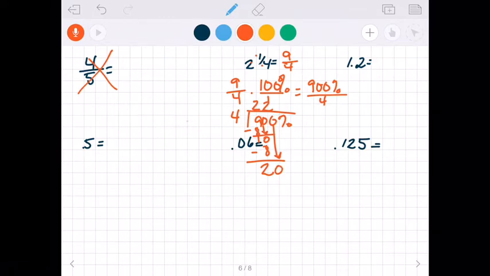How many times does 4 go into 20? 5 times. 5 times 4 is 20. Subtract. No remainder. So we find that 2 1/4 is 225%, which I bet you guys knew that 1/4 was 25%. And 2 times 100% is 200%. And if you add those together, you get 225%.